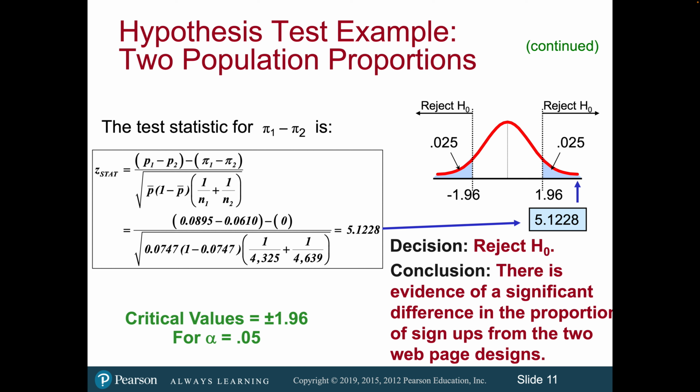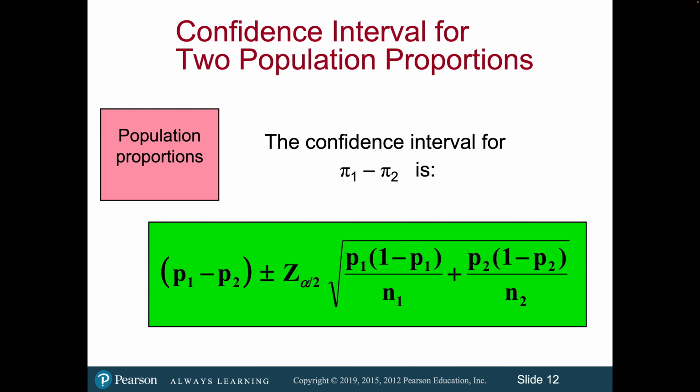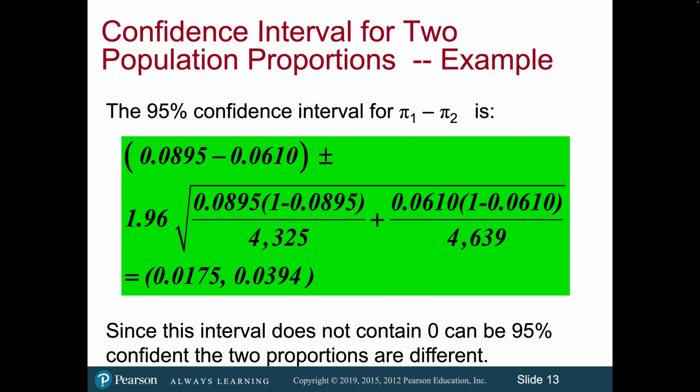Critical values for a 0.05 two-tail test are plus or minus 1.96. Our test statistic is 5.1228. It falls outside the bounds, so we reject H sub 0. So we determine that the percentages are different. Next thing we'll do is calculate a confidence interval.